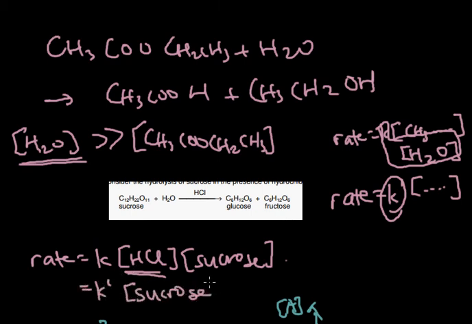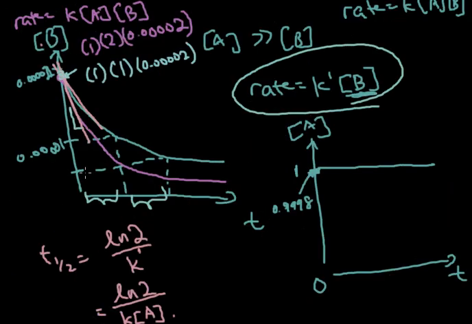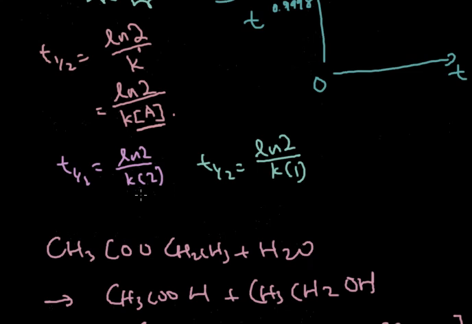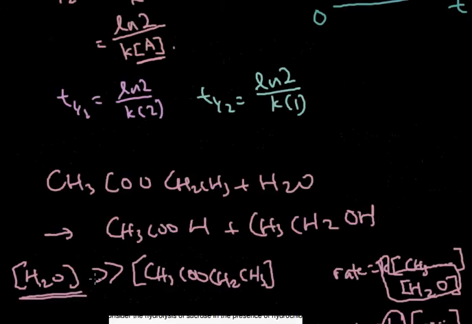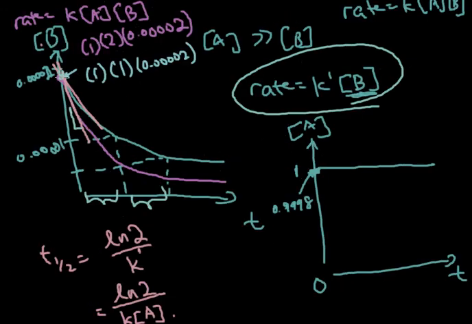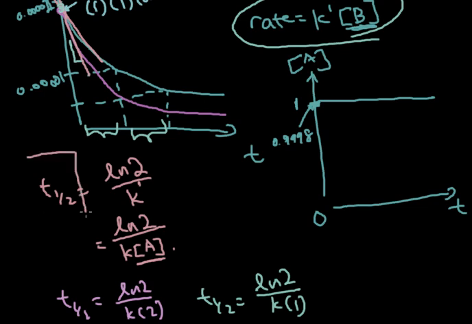So if I draw a graph of sucrose against time, I would still get a first order with constant t half like this. But if I double my concentration of HCl, I will still get a first order graph, but my gradient and half-life will be different because of this. So all the pseudo first orders are just saying this.